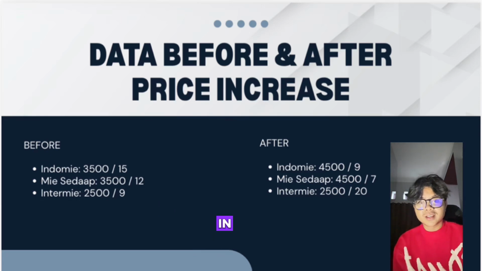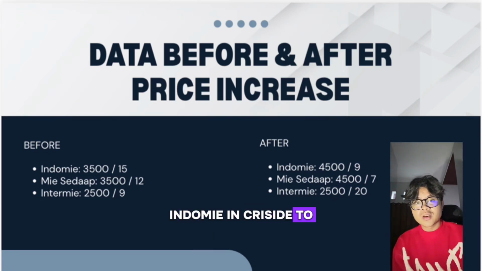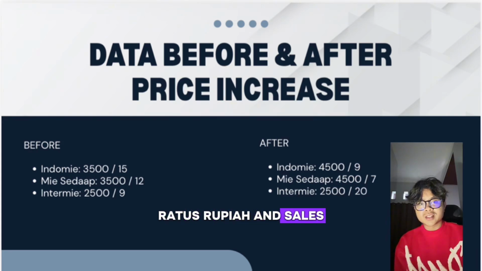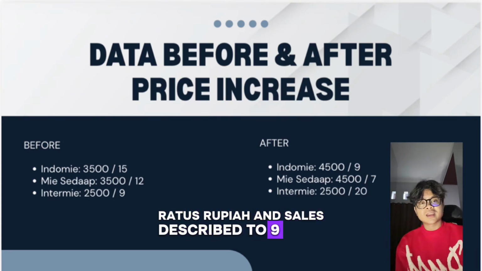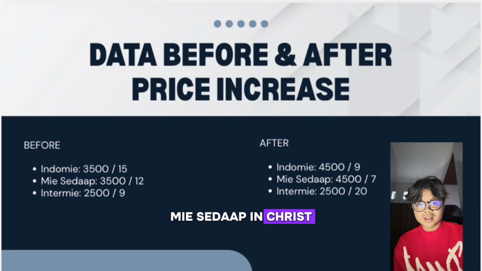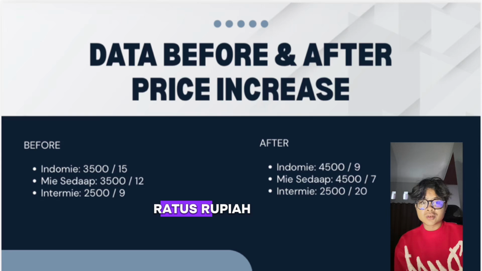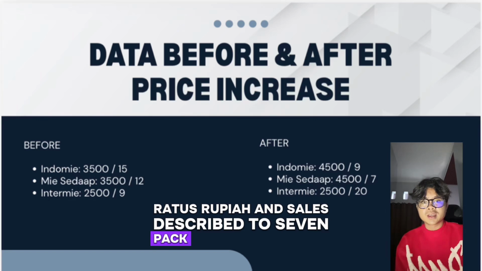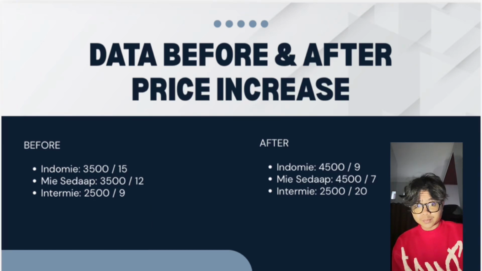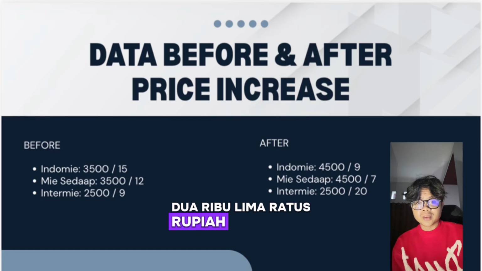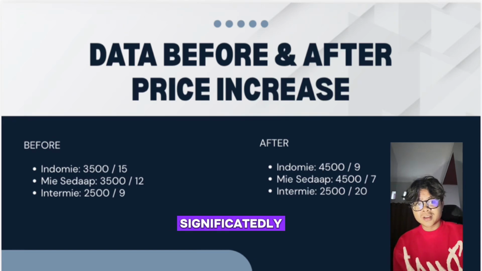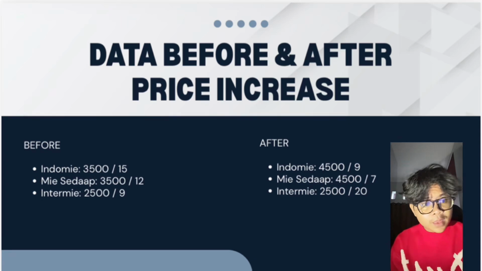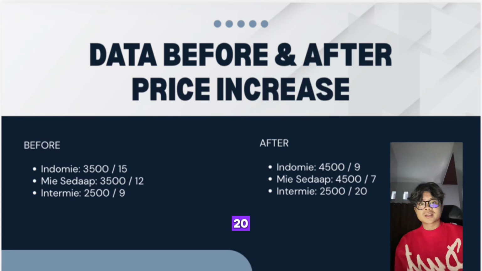After the price increase, Indomie increased to Rp4.500 and sales decreased to 9 packs. Mie Sedap increased to Rp4.500 and sales decreased to 7 packs. Intermie remained Rp2.500 and sales increased significantly to 20 packs.